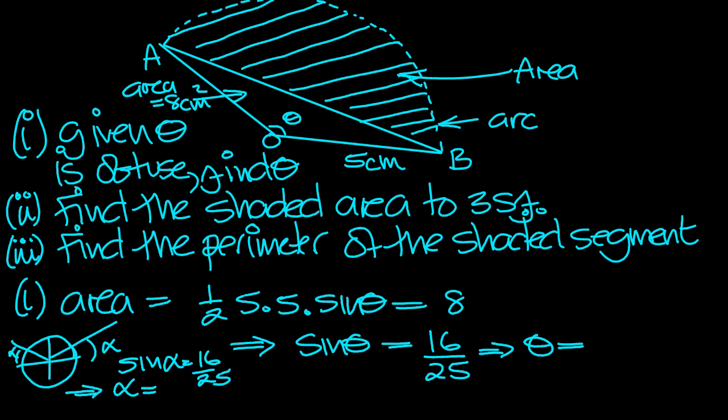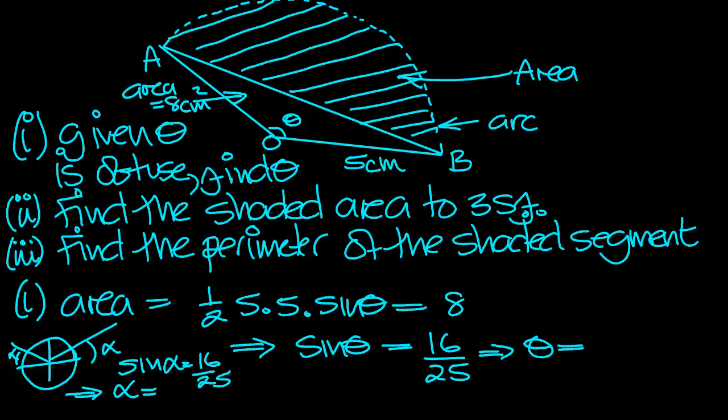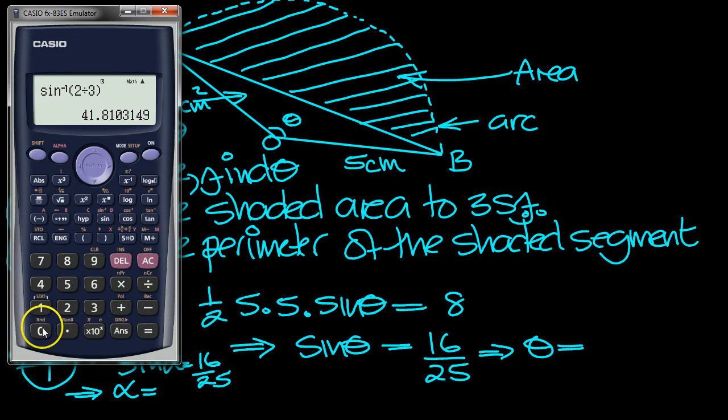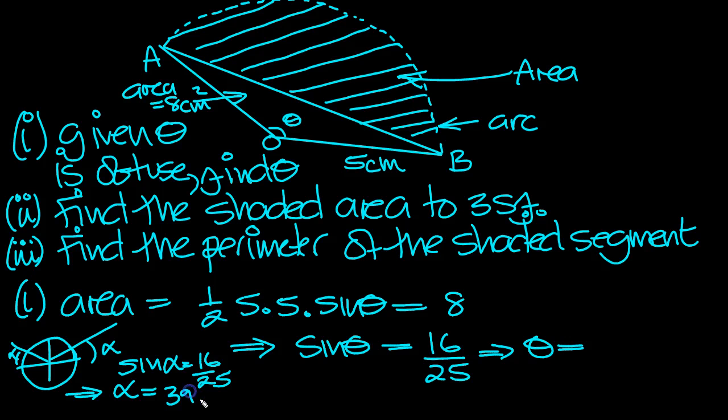Shift sine 16 divided by 25 equals 39.79, 39.8. So theta, which is around to here, the obtuse angle, is 180 minus 39.8 degrees, which is 140.2 degrees. There's theta then, and that's the obtuse angle there.